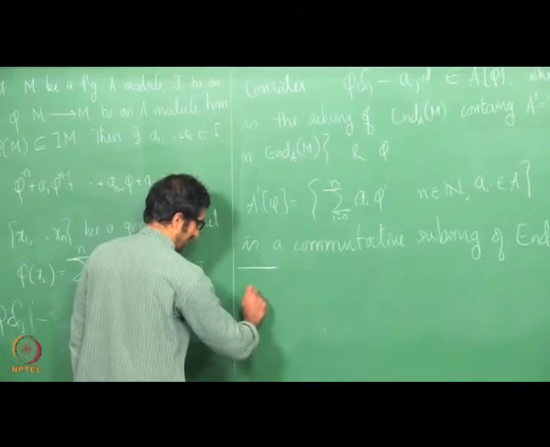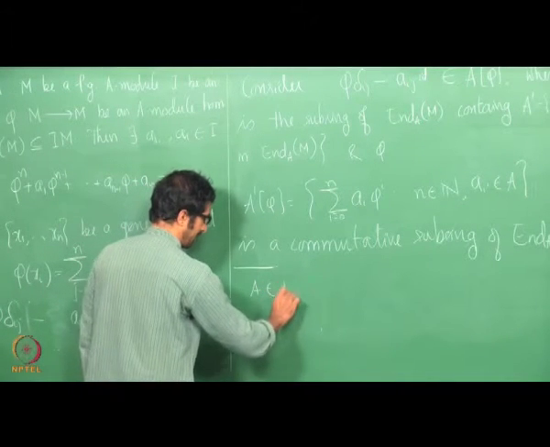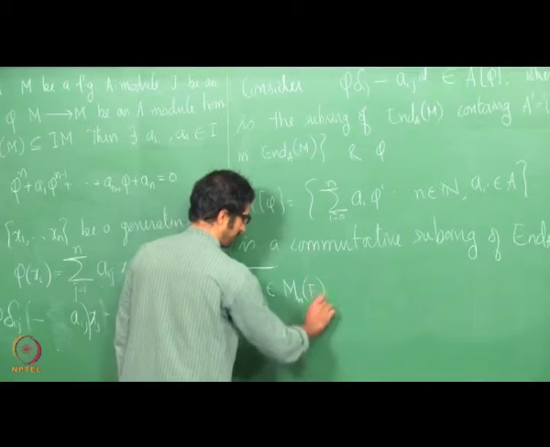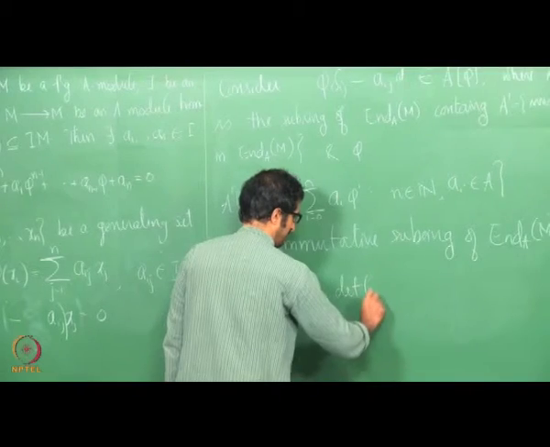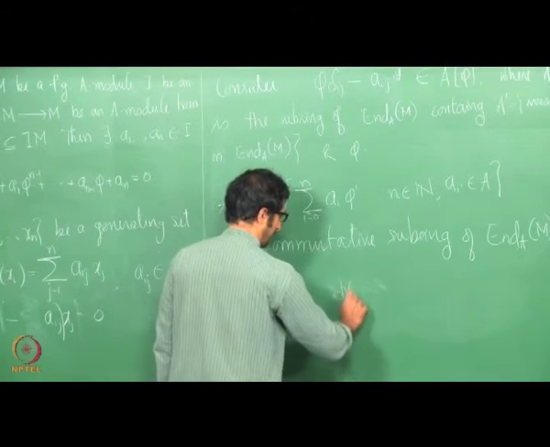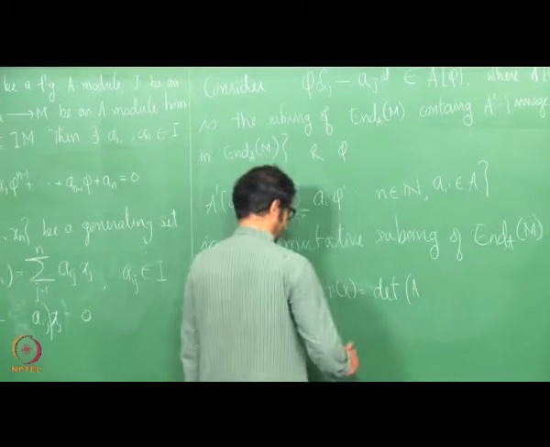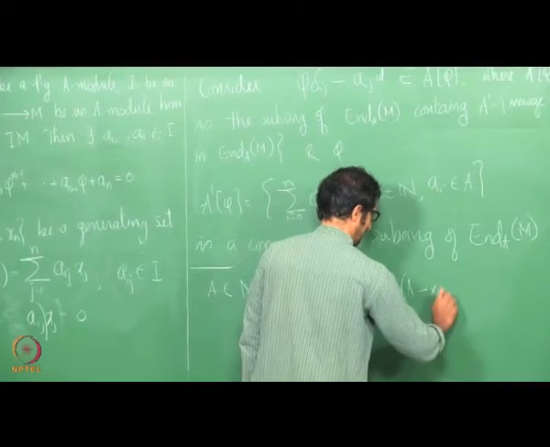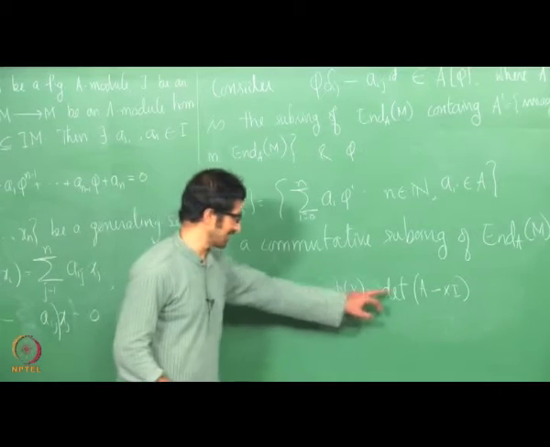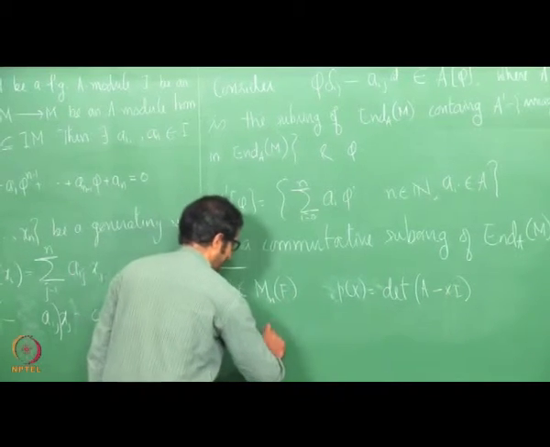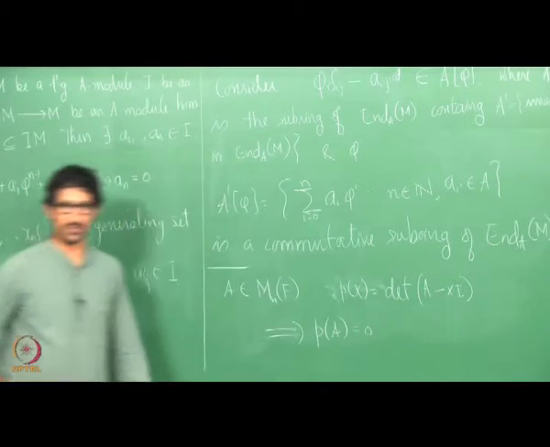It says that if I take a matrix A in M_n(F) and write P(x) as the determinant of A minus xI, or xI minus A, either way, then P(A) is 0.